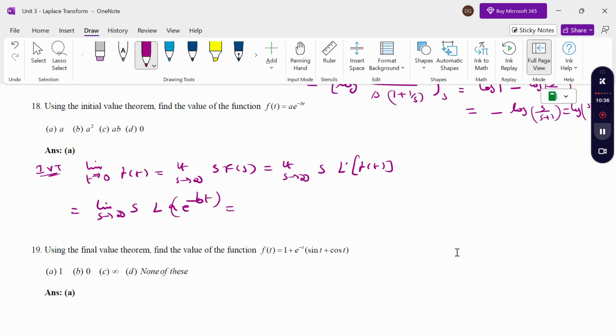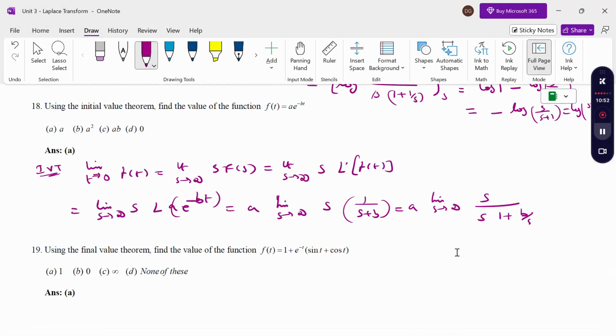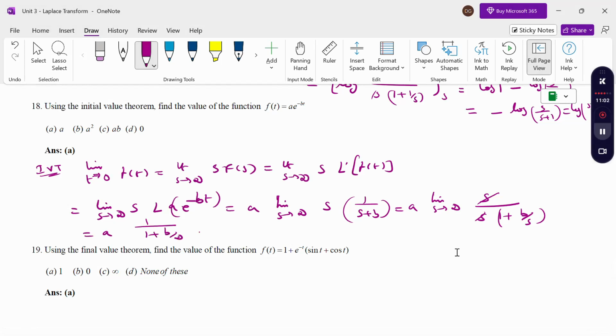Therefore, taking the constant a out, limit s tends to infinity s into 1 by s plus b. Taking s common, I take out 1 plus b by s. This s will cancel. Substituting infinity, a into 1 by 1 plus b by infinity, so a, option A.